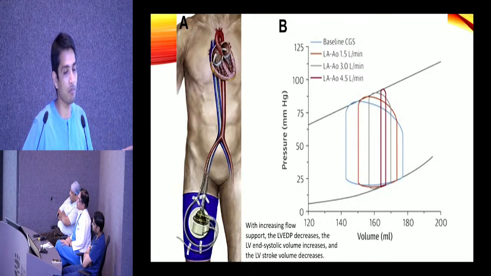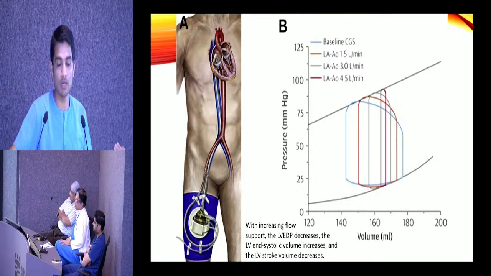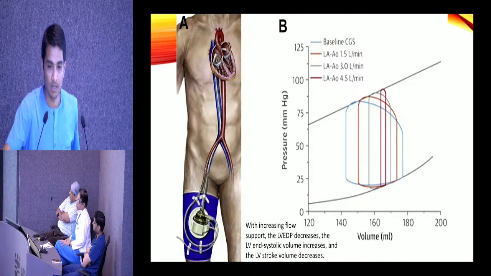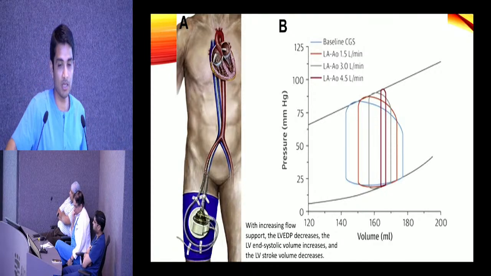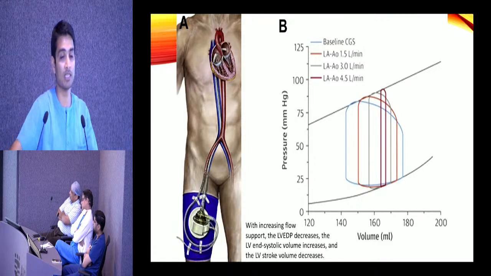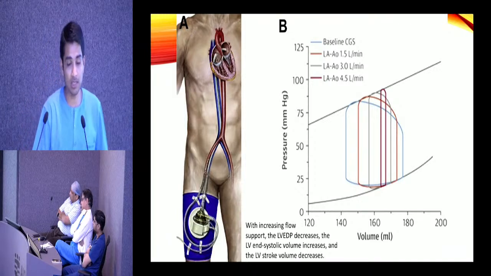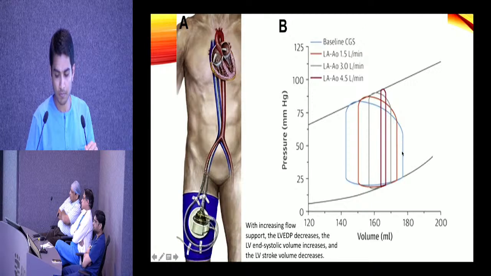The main problem with ECMO, and we'll see that, is it purely increases afterload without unloading the LV. The Tandem Heart is like an ECMO, but it's also doing the LV venting because it's bypassing the LV, and it allows a lot of time for myocardial recovery. If you look at the pressure volume loops here, it's different from the ECMO.